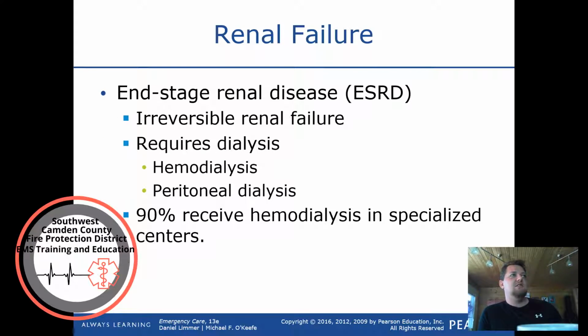End-stage renal disease is an irreversible renal failure that requires dialysis, either hemodialysis or peritoneal dialysis. 90% of patients receive hemodialysis in specialized centers.